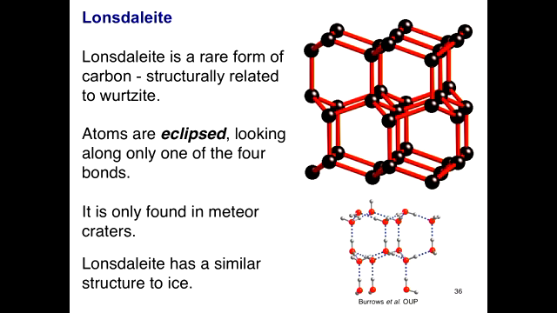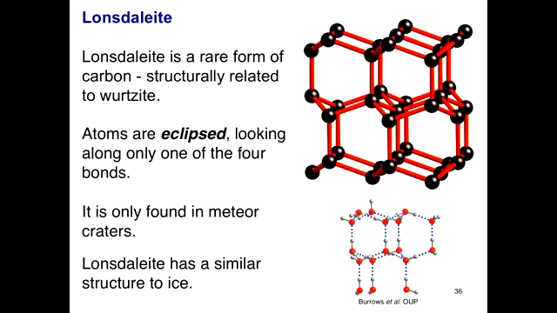Now, the atoms are eclipsed along one direction only. So we have the staggered bonds here. These bonds in this plane are staggered, but along this direction here, and only this direction, the bonds are eclipsed. So if you look at these two carbons here, the carbon there is directly above that one there. The carbon here is directly above that one there. And that carbon directly above that one.